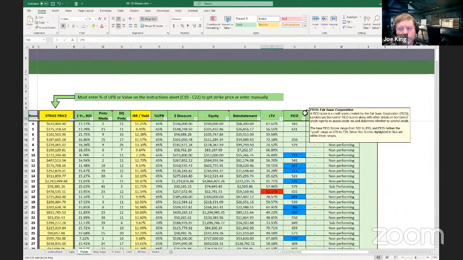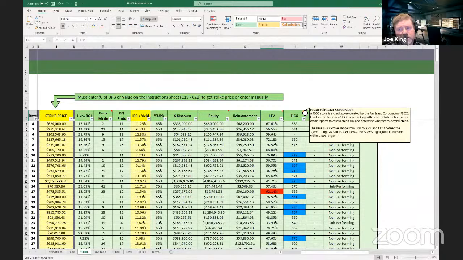The FICO scores, for example, we want a FICO score to be above the 670 mark. If it's below the 670 mark, we don't really care because we're looking at mitigating our risk. We want borrowers that have a higher FICO score that are within the right margins. Otherwise, we're stepping into something a little more risky.